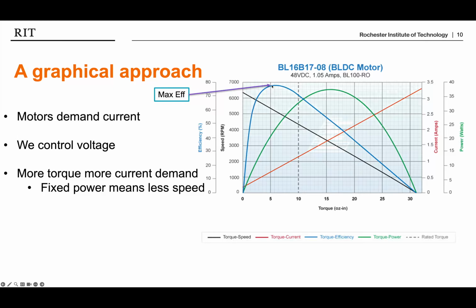All right, why is our max efficiency shifted? Well, this has a lot to do with the electrical characteristics of our motor. As it turns out, putting current through a coil of wire creates heat, which creates resistance, which then requires a little bit more voltage to be able to stand up that current. So at some point, that torque demand starts to drive more current per unit of energy coming in, and we start getting less out.